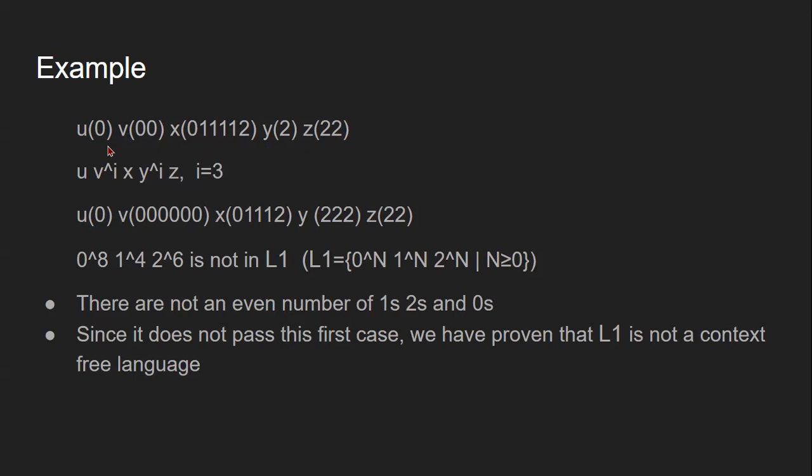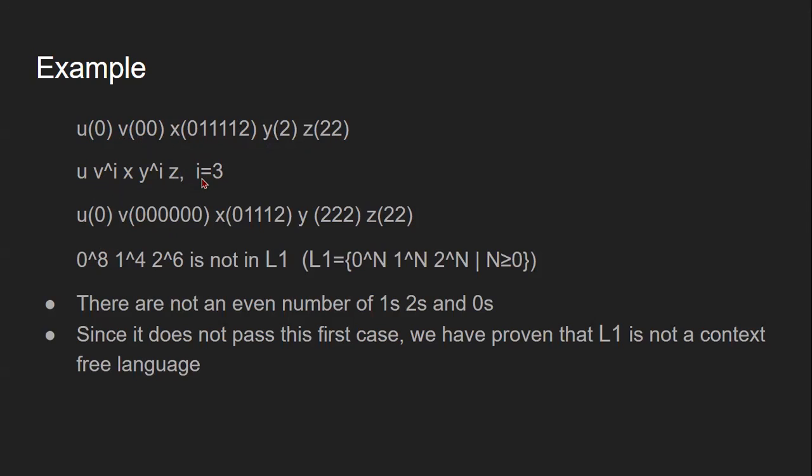And then if we go back to the first case, U V^i X Y^i Z, and we set i equal to 3, here is what will happen. We'll still have 1 zero for U, but for V, we will have 3 times 2, because in V, to start off with, we have 2 zeros.